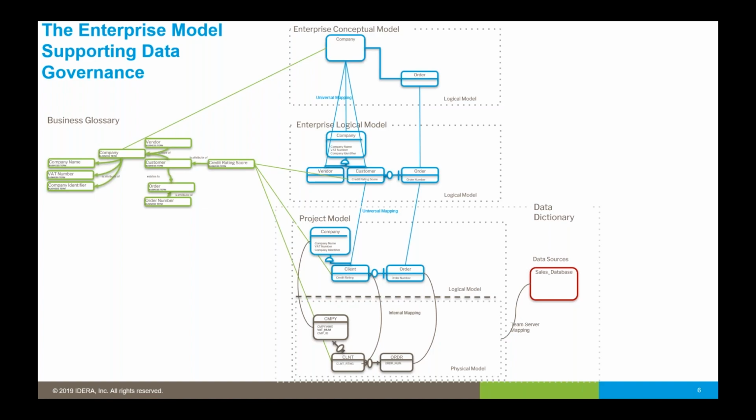And that's typically in the form of a business glossary with a set of business terms in there. So the green on the left-hand side of my diagram here is representing the typical contents of a business glossary. And again, what's very important is to be able to link those back into the more detailed documentation that's available as part of the data model.